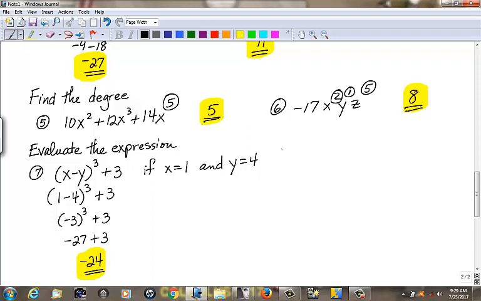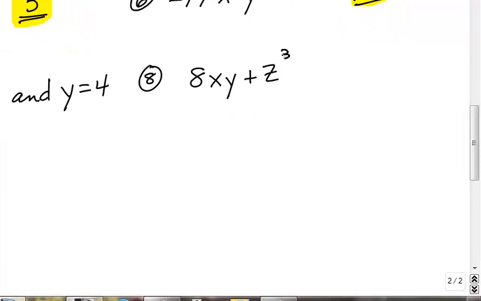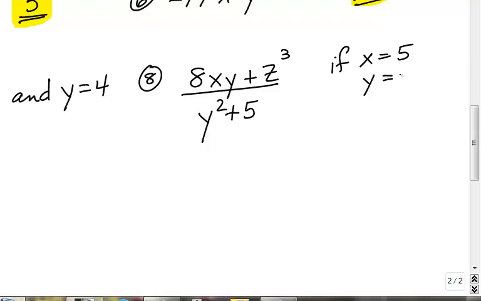Okay, and then last one, if they give you 8xy plus z cubed, it's all over y squared plus 5. If x equals 5, y equals negative 2, and z equals negative 1.